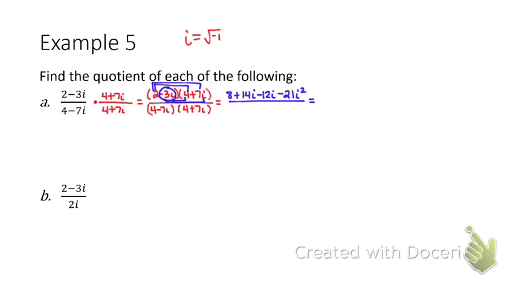All right, so on top, we see we have like terms in the middle, and we've got to deal with that i squared. So we have 8. What is 14i minus 12i? Yeah, positive 2i. And then minus 21 times, what is i squared? Negative 1.